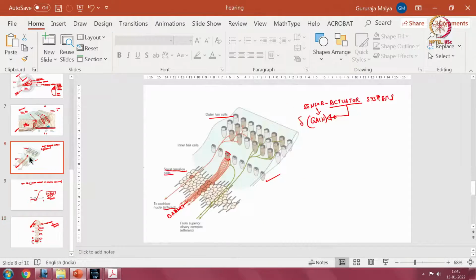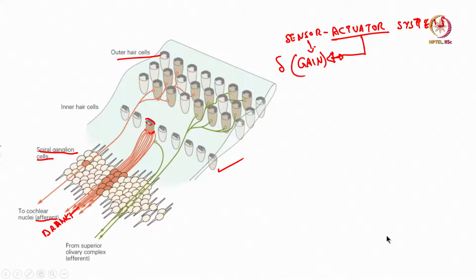Now, yeah, I jumped a lot between hair cell function and so many other things. So, I come back to this slide at this point of time. I did speak about these sensor actuator systems and how you can fine tune your response to stimuli.